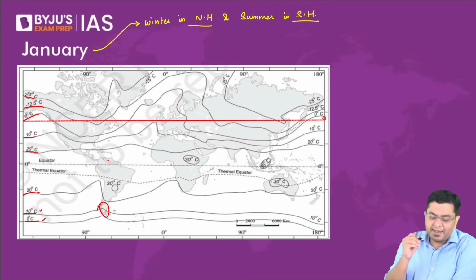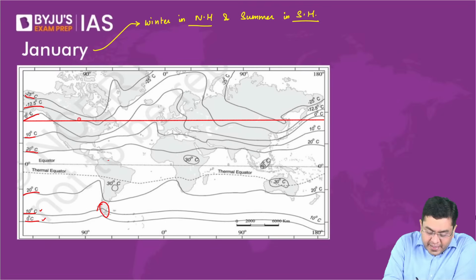And on this latitude, let us consider a few different places on the same latitude. Let's consider this place A. Let's consider this place B, right? Or if we could have had a slightly different portion, we could have had a greater contrast.